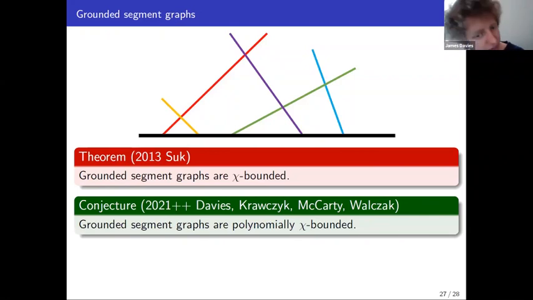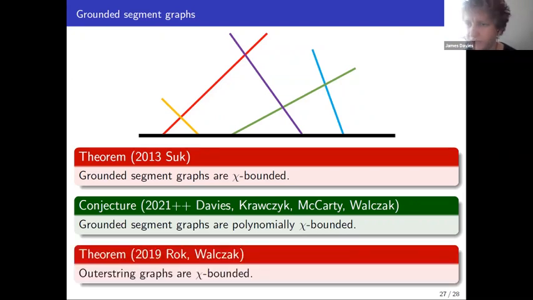So we conjectured that these should also be polynomially chi-bounded. And actually, you could ask the same question for an even more general class. In terms of grounded intersection graphs, the most general would be outer strings, which are also chi-bounded. These are intersection graphs of general curves that have an endpoint on some grounding line.